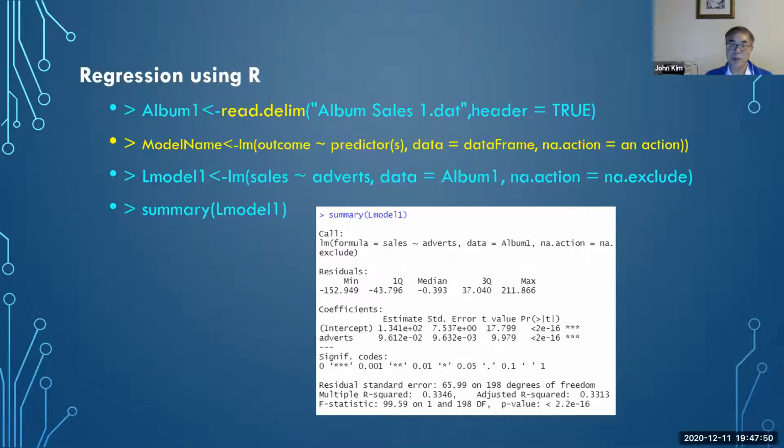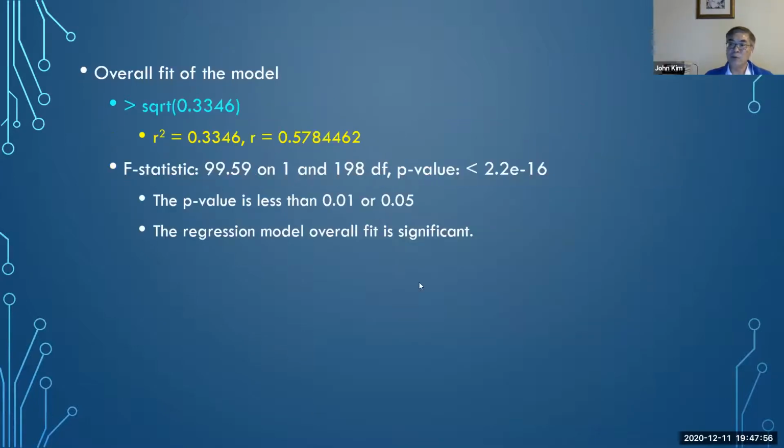If the p-value is less than the alpha significance level, whether alpha is 0.01 or 0.05, this p-value is very small, almost zero: 2.2 times 10 to the minus 16. So the p-value is less than alpha.